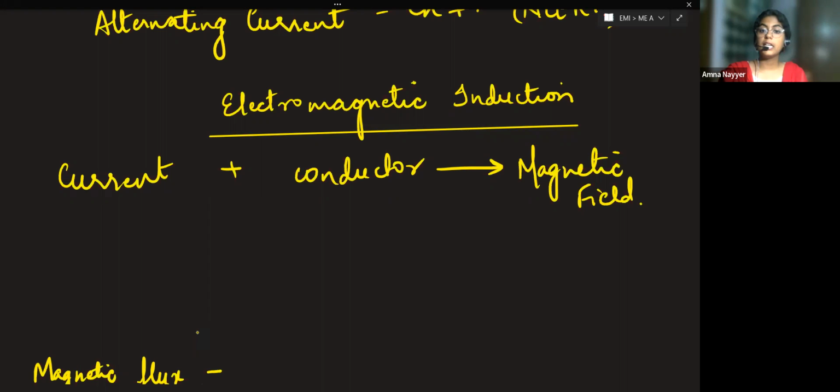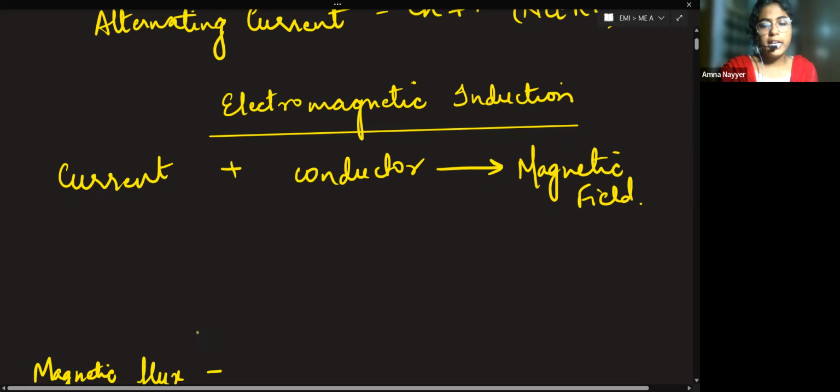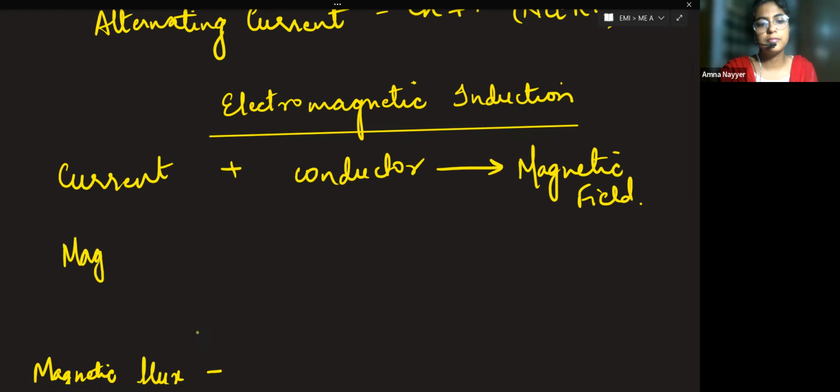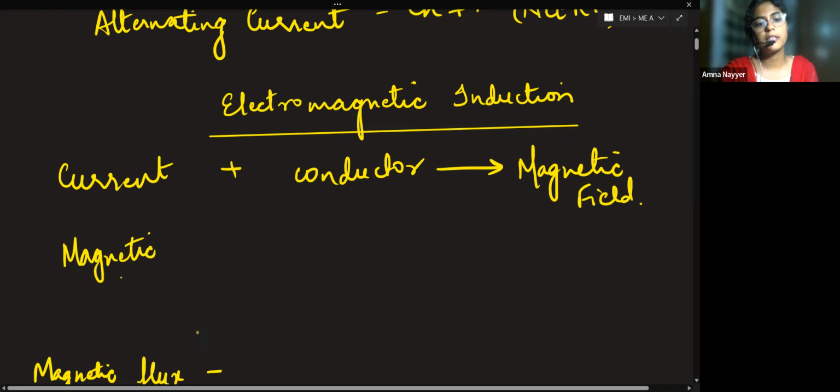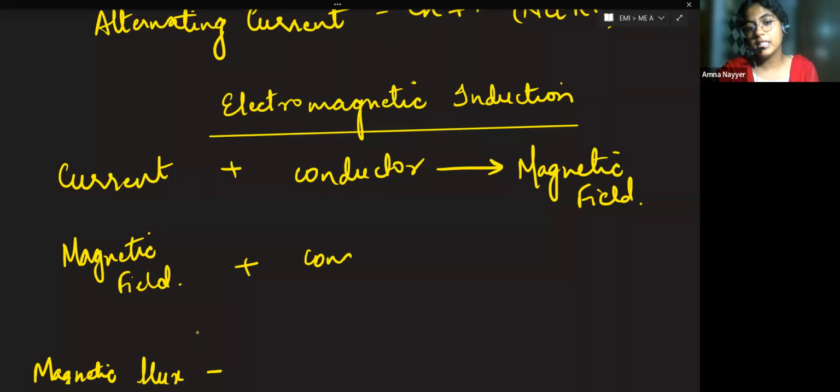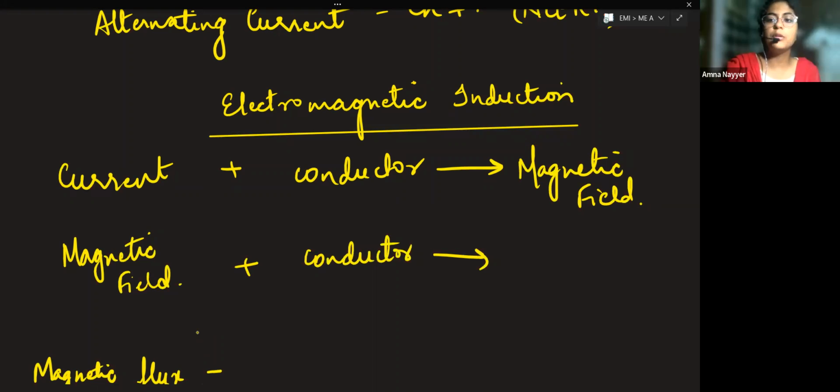Now a question arose in earlier times: if we reverse certain things, if a magnetic field is present within a conductor, then by the reverse formula, will it produce current or not?